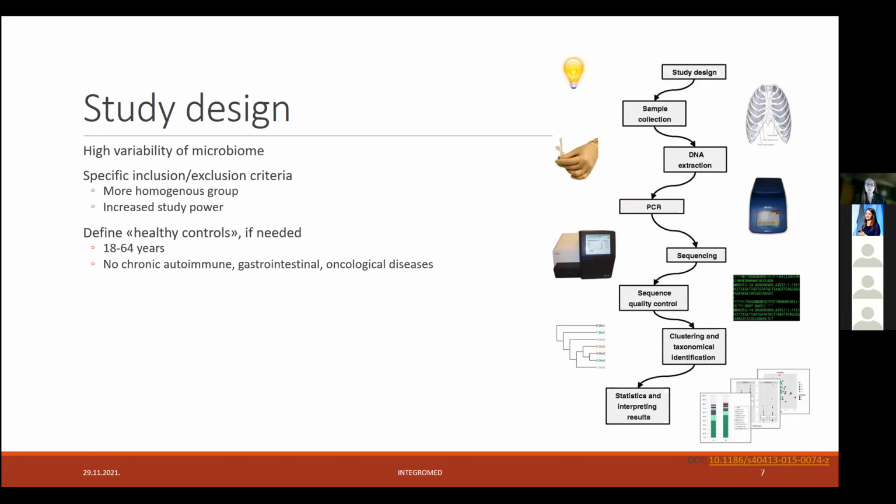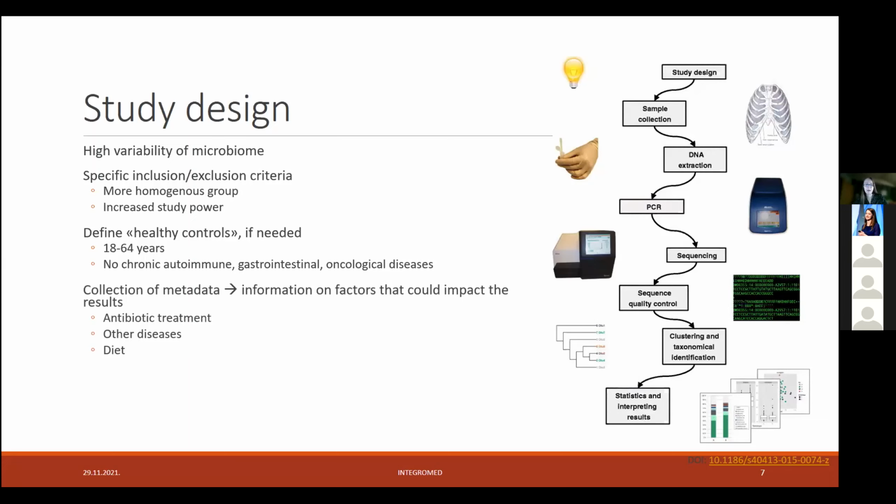Of course, this could differ if you are, for example, studying some of the diseases. But in healthy controls, you would like to avoid them because it is known that they can heavily impact the microbiome composition. And of course, you can add some additional diagnoses that you would like to exclude, depending on the study type that you are performing.